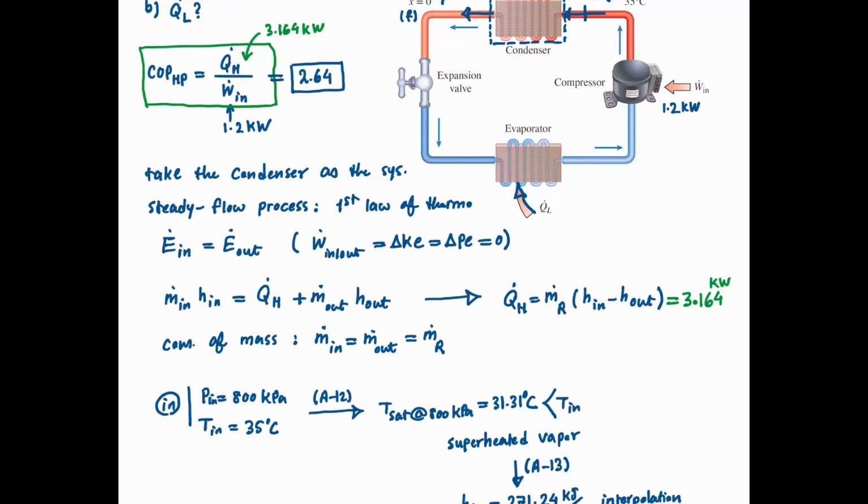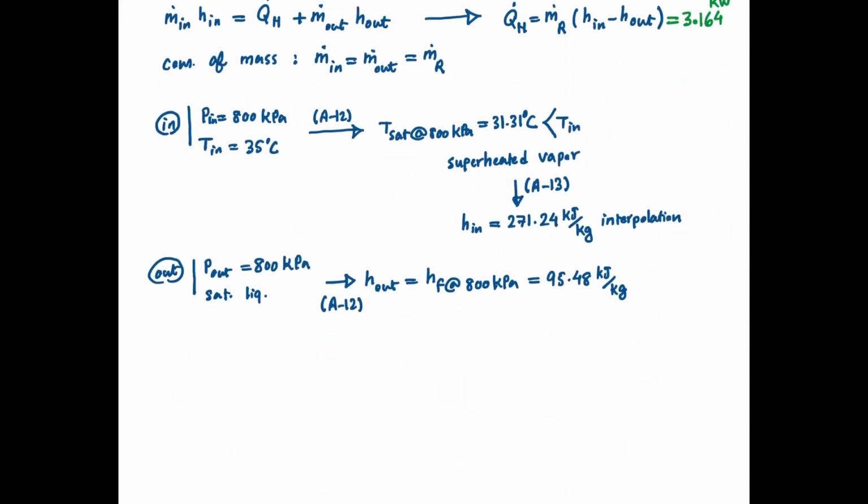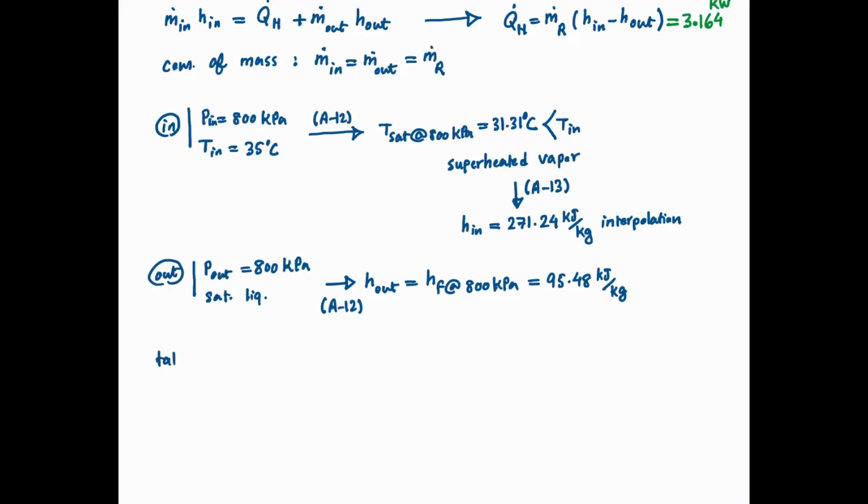We are also interested in Q dot L, the amount of heat absorption from the outside air. So this time I'm going to take the entire cycle as my system. Entire heat pump cycle as the system, and write down the first law for it. Again, it's a steady flow system.